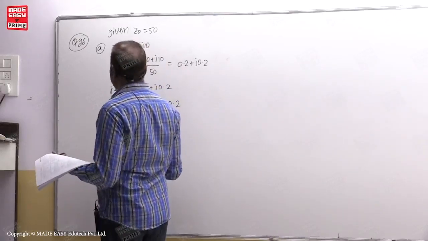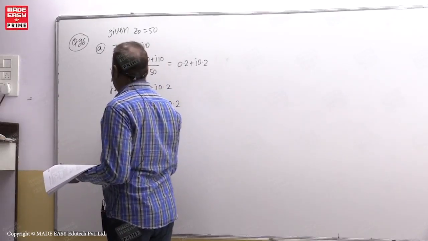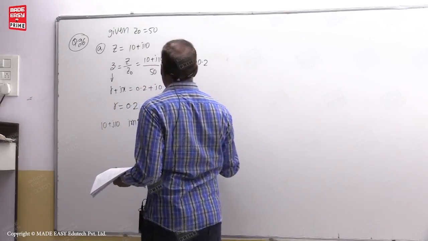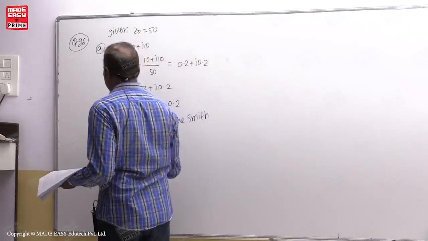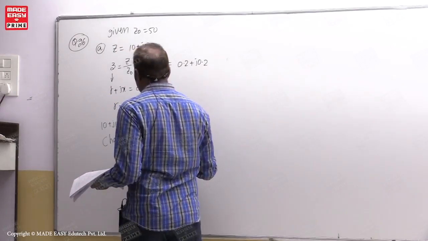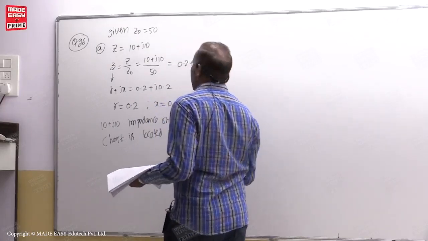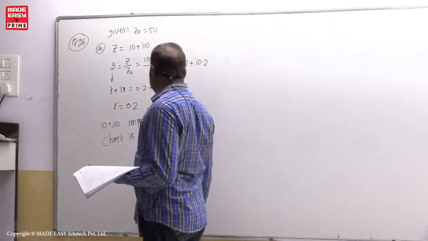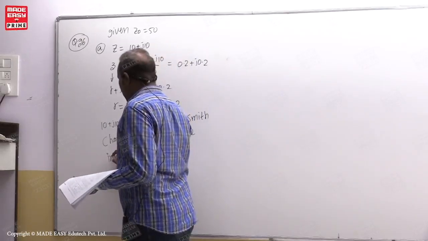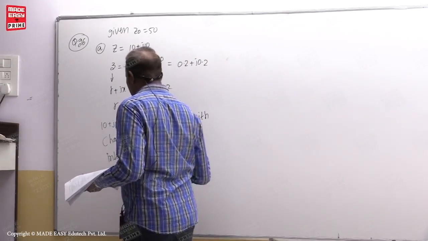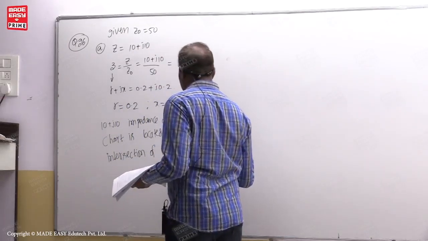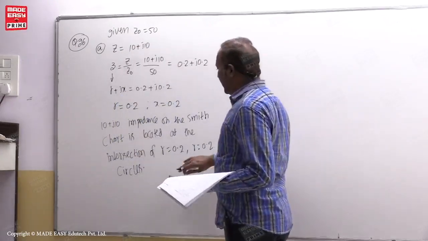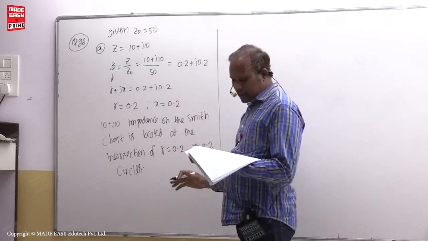If you see, 10 plus j10 impedance on the Smith chart is located at the intersection of r is equal to 0.2, x is equal to 0.2 circles. Intersection means the place where both meet, that is why that option is correct, it is placed in the right location.